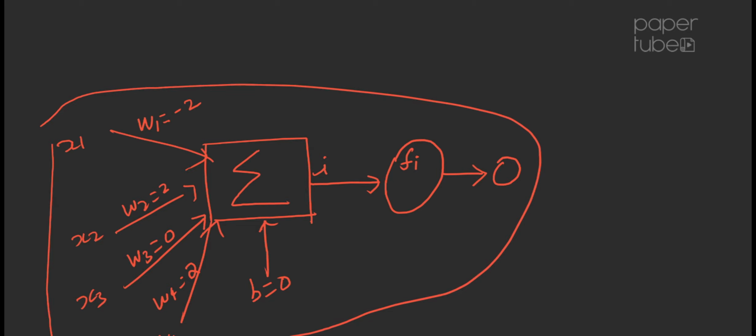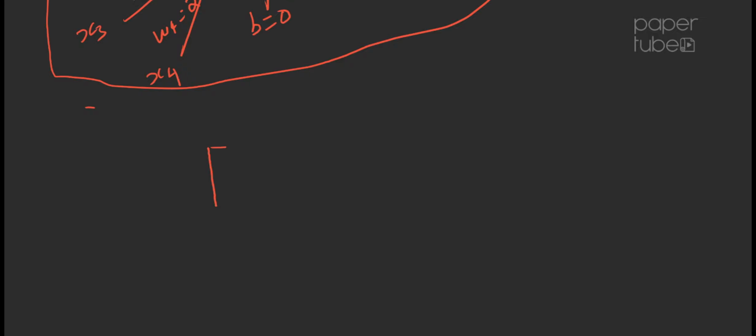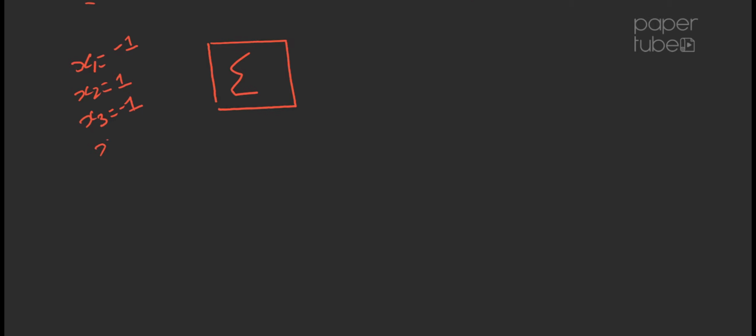And then we use this weight and bias. The x1 from the testing data set is equal to -1, x2 equal to +1, x3 equal to -1, and x4 equal to +1.